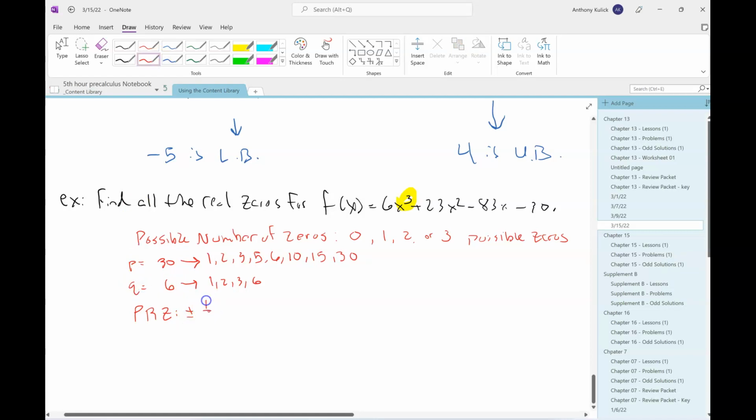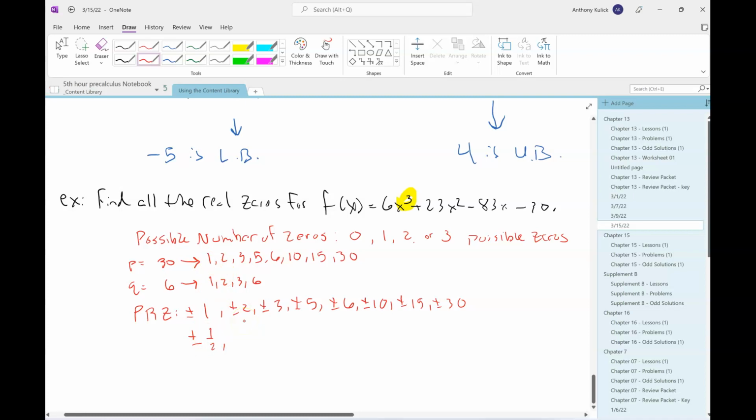All right, so I have every P over every Q. I'm not going to write these as fractions that don't need to be written as fractions, in the interest of Mr. Kulik's sanity, because it's already going to be so long. So those are all my P's over 1. And then all of my P's over 2.